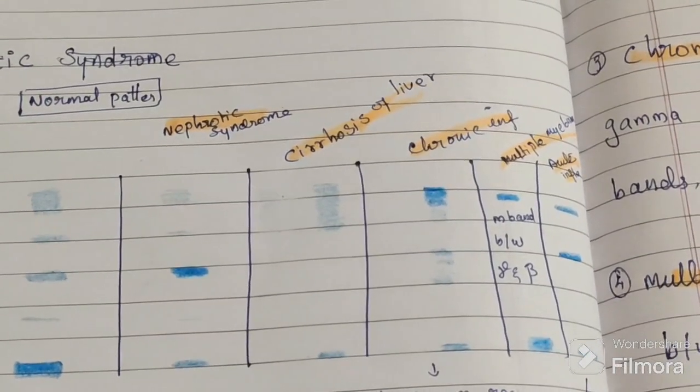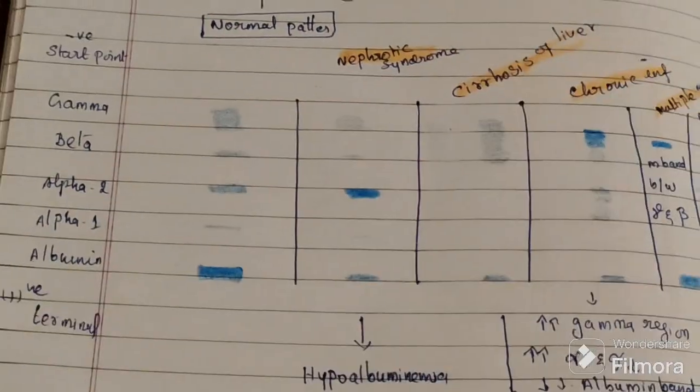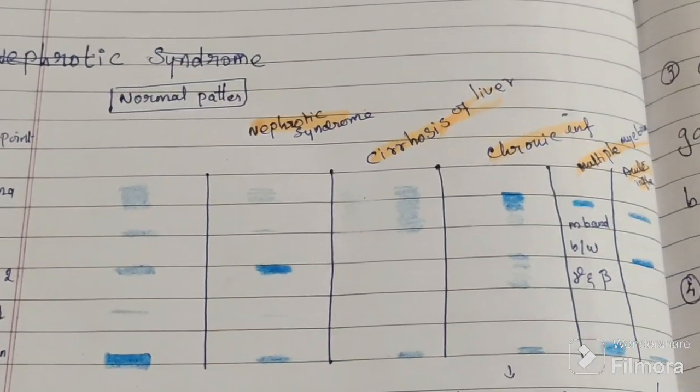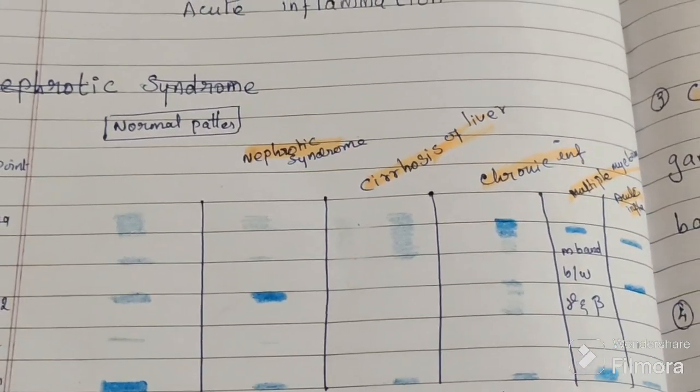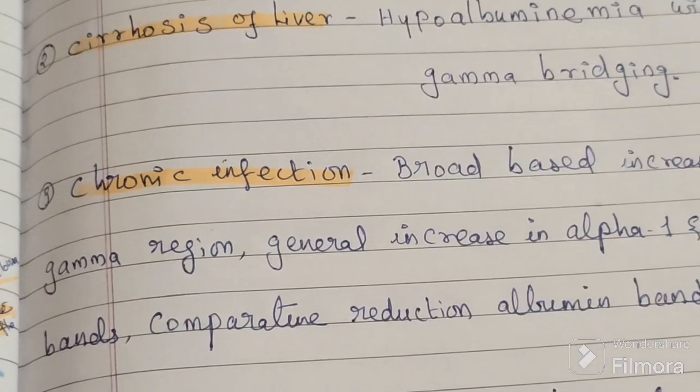Again the starting point and end point, negative to positive, the highest movement of albumin will be seen.